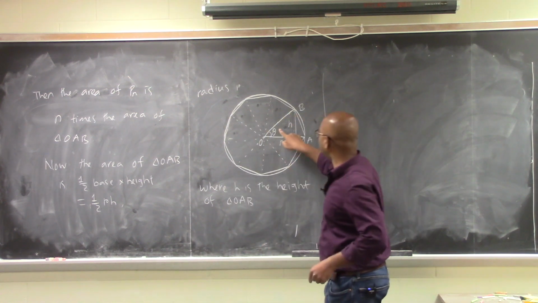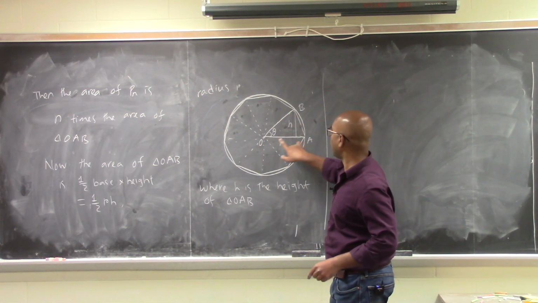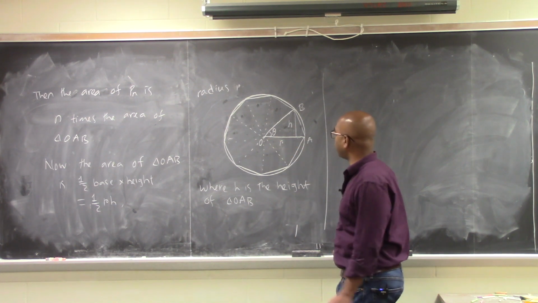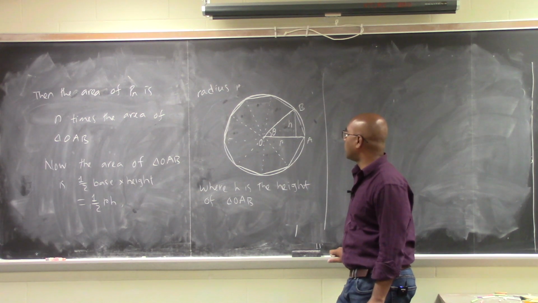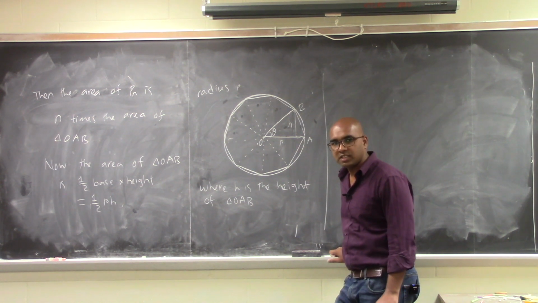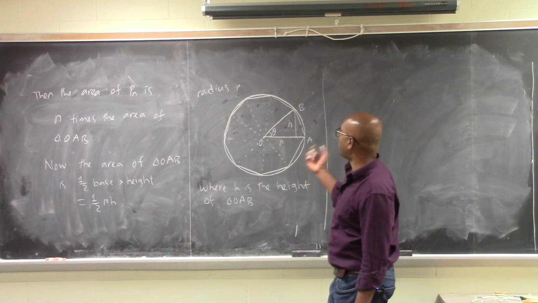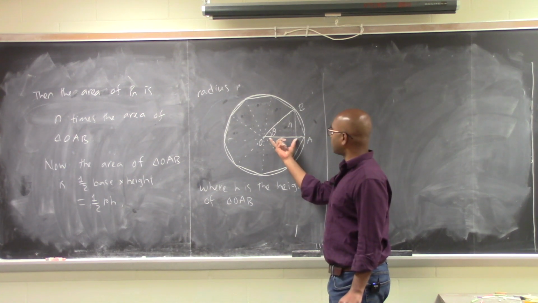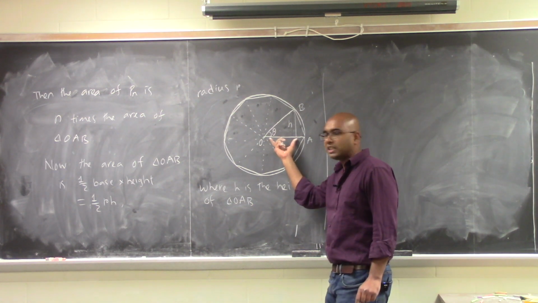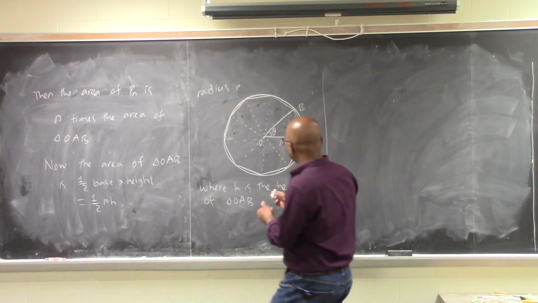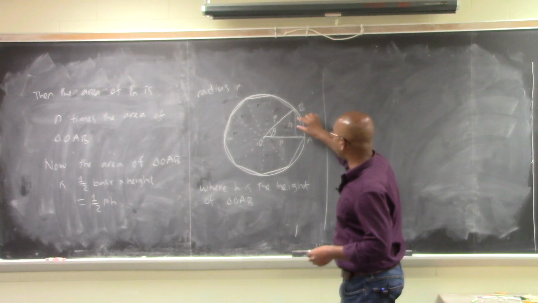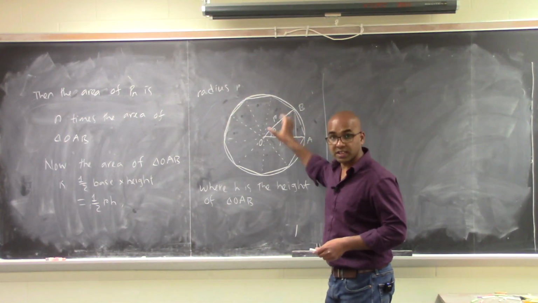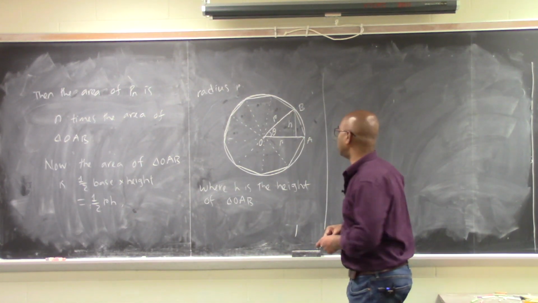Then h is the opposite and this much is the adjacent, so opposite over adjacent is tan theta. But the problem is we don't know what this quantity is, so we cannot use that. But notice this much is also radius.